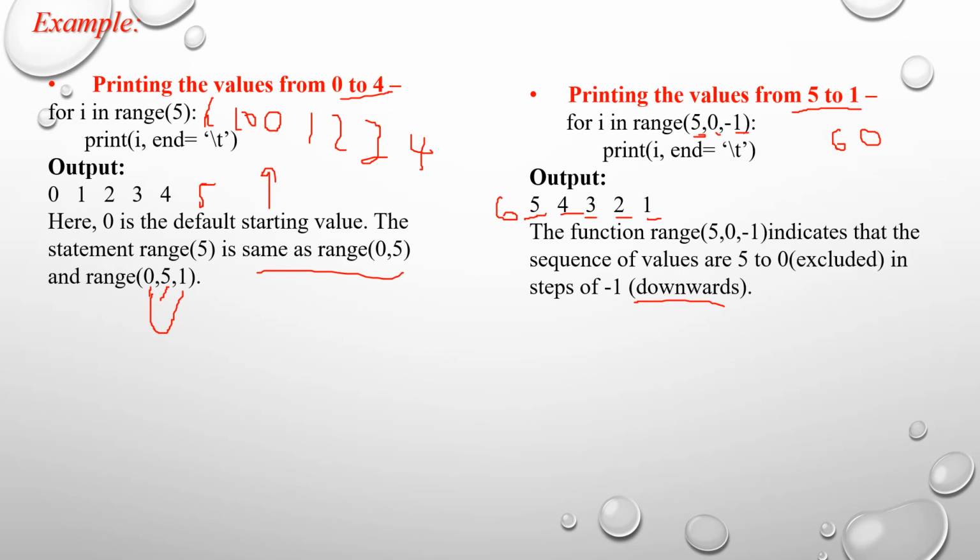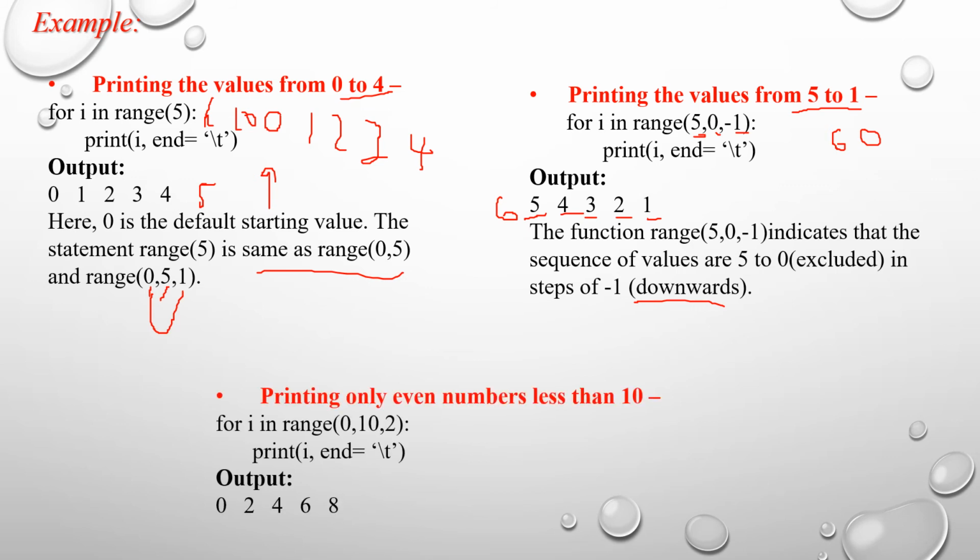So let's consider one more example. Print only even numbers less than 10. So for i in range, we assign 0, 10 and 2.